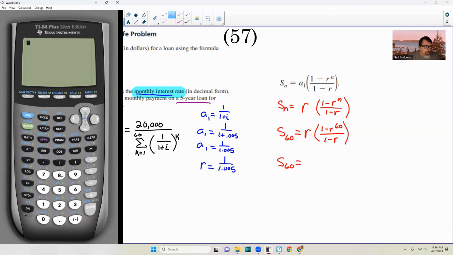Let's try that again. Alpha r, parentheses. Okay, 1 minus r, alpha x to the 60. I'm going to stop right here and just put that in my calculator and hit enter.